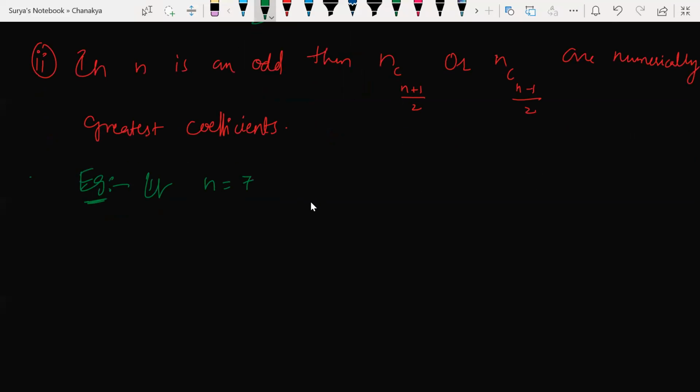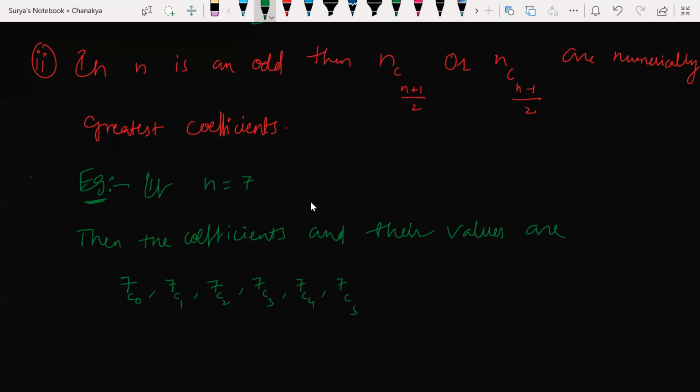Okay, what are the coefficient values? The coefficients and their values are 7C0, 7C1, 7C2, 7C3, 7C4, 7C5, 7C6, 7C7.